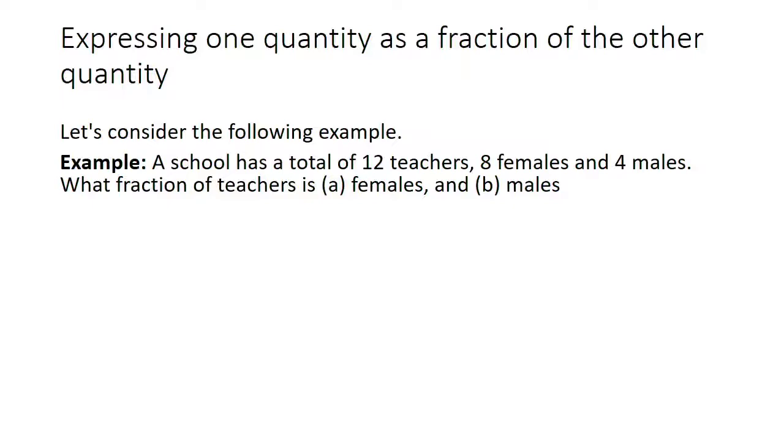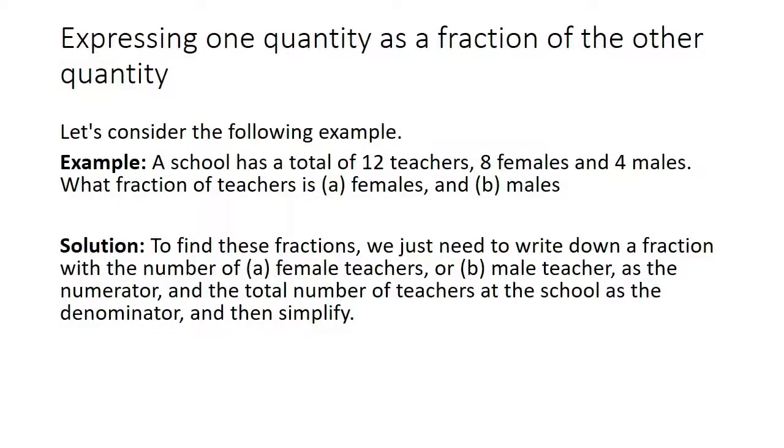It's really straightforward. As I said previously, all you need to do is make sure that you understand the problem and know what is given and what is required of you to calculate. So to find these fractions, we just need to write down a fraction with the number of female teachers in A as the numerator, and the total number of teachers as the denominator.